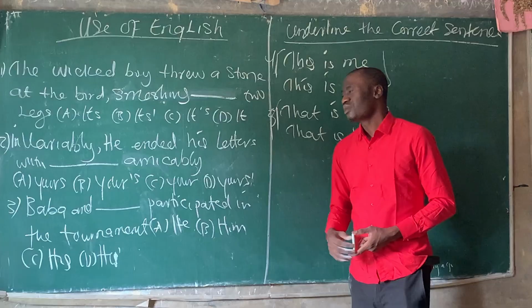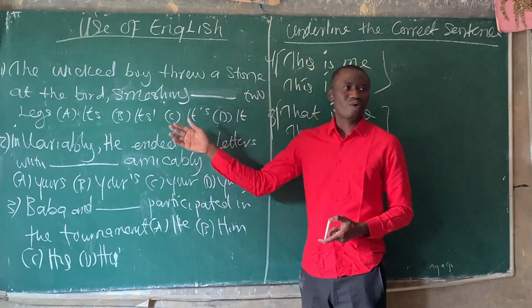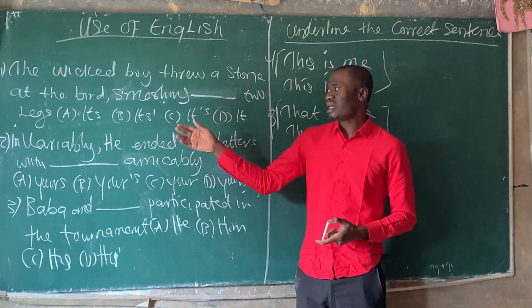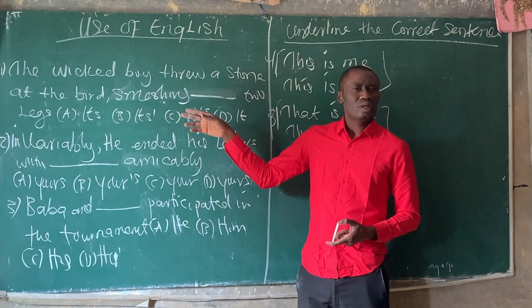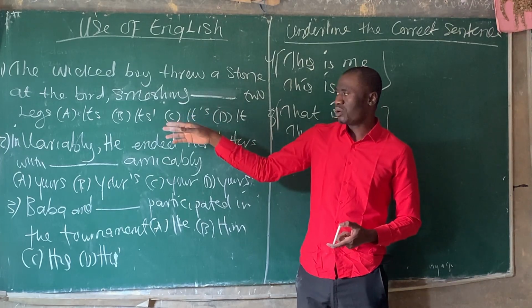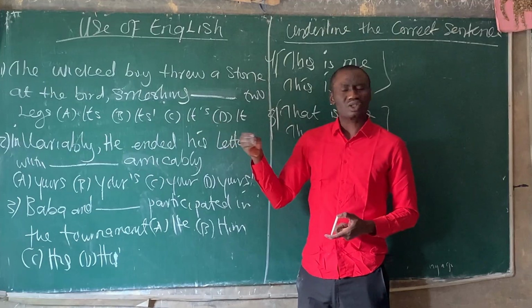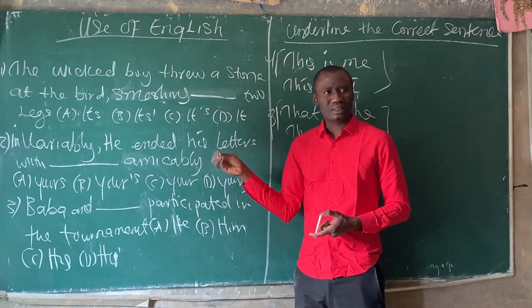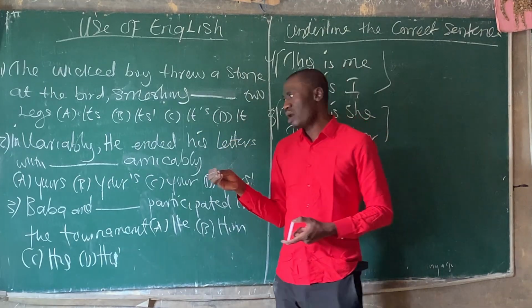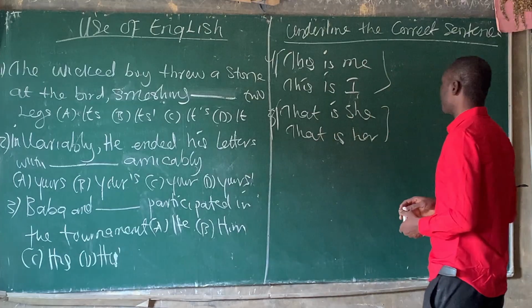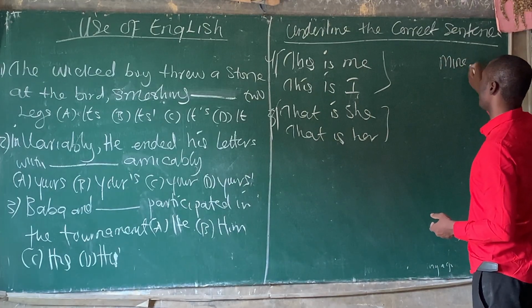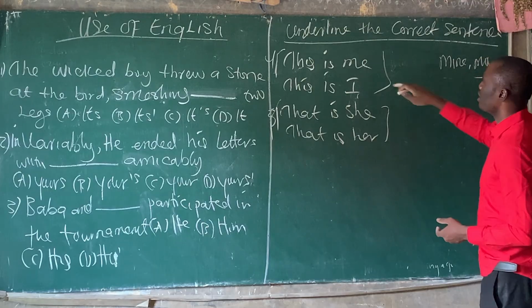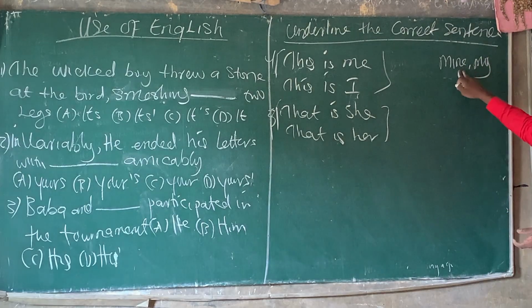Okay, let me help you. If you look at the table of pronouns I gave you, you understand that the possessive pronoun does not attract apostrophe. If you look at the possessive pronouns, we have mine, for the first person singular.